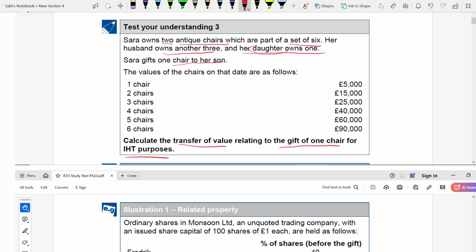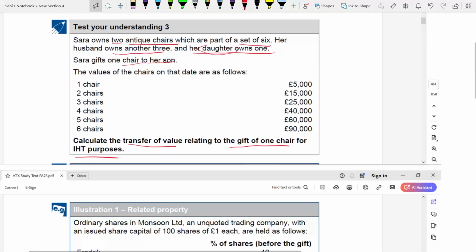So Sarah owns 2, husband owns 3, total 6, and daughter owns 1. That's why total 6. But for related property, only Sarah and the husband will be counted: 2 shares and 3 shares. The daughter's will be ignored. 2 plus 3 is 5.